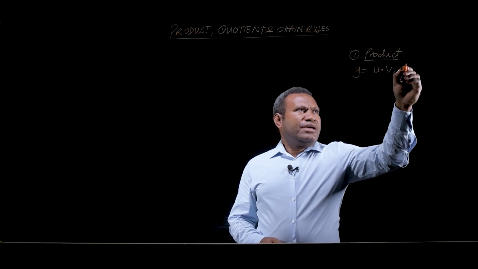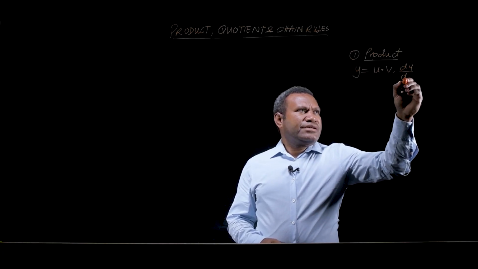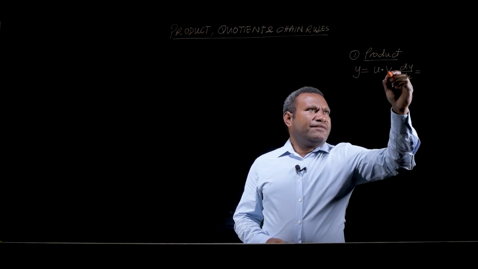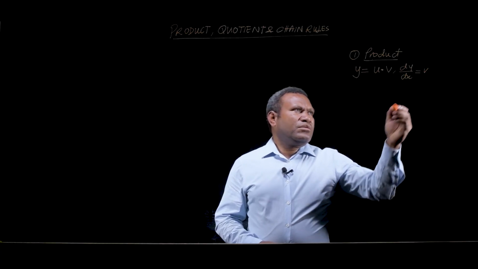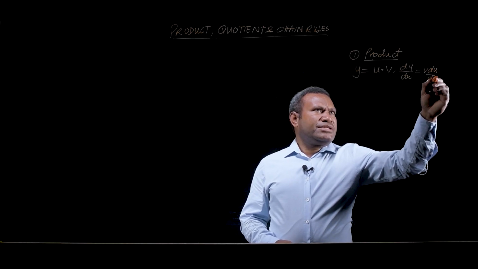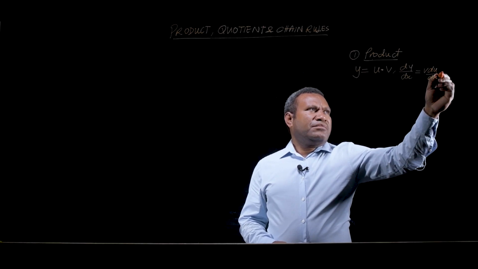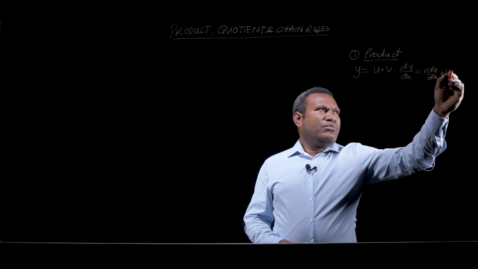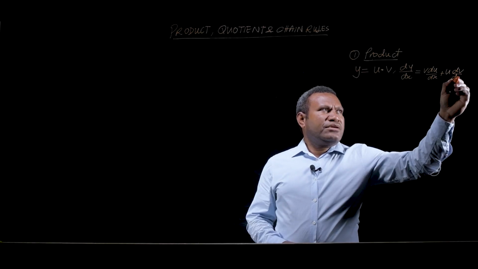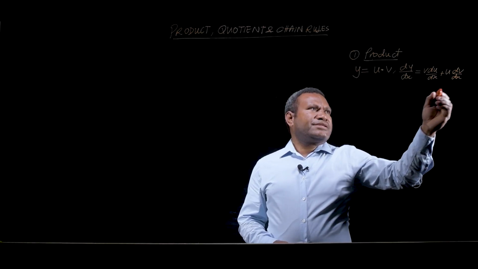will be given by dy over dx, which is equal to the second function v multiplied by du over dx, which is the derivative of the first function, plus u multiplied by the derivative of the second function, which is dv over dx.